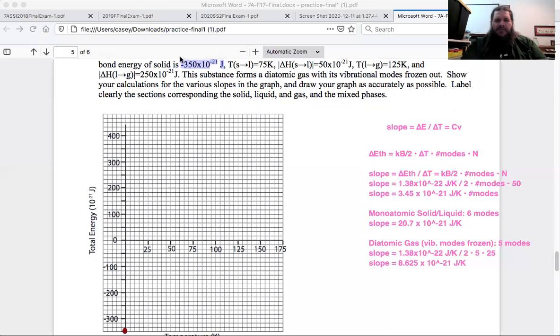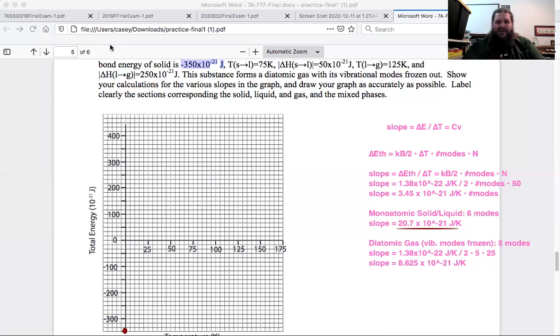And then if we add energy to the solid, we're going to have the temperature increasing. And we know what the slope is. The slope is going to have to be this 20.7 times 10 to the negative 21 joules per Kelvin. So up 20.7 over 1, up 20.7 over 1, and so on, until we get to what temperature? 75 Kelvin?